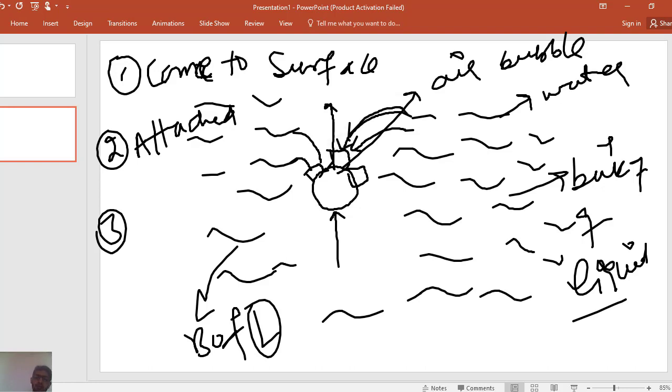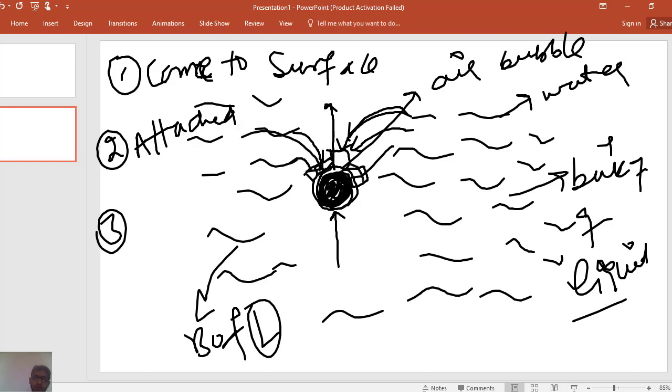As it comes to the surface of the bubble, it will attach to the bubble, and then it will move along the spherical surface of the bubble. First the fluid element comes to the surface and attaches to the surface.